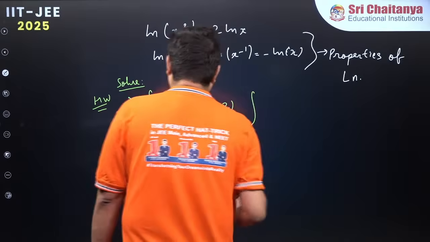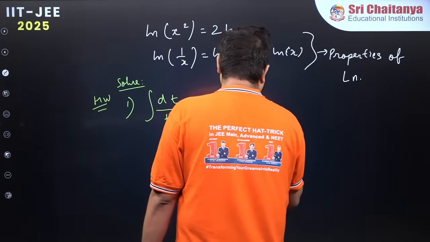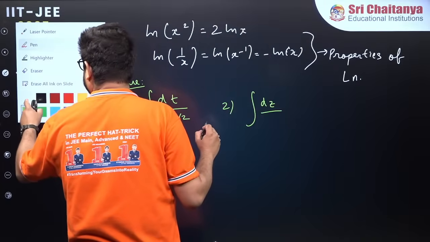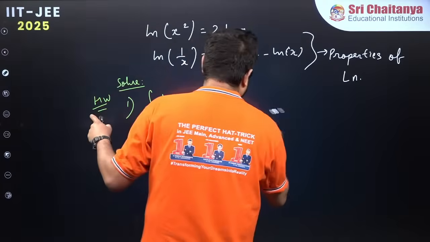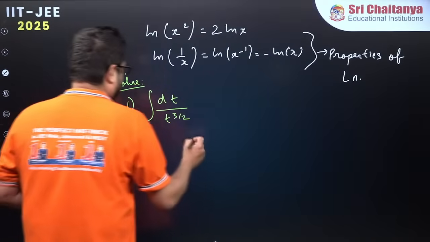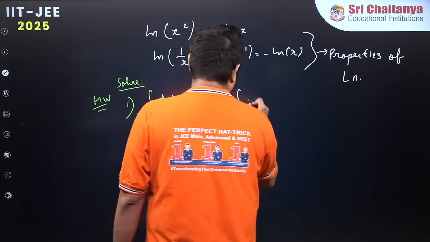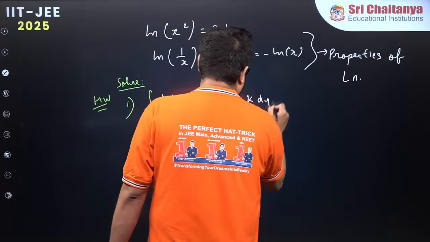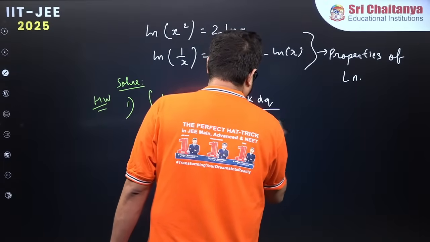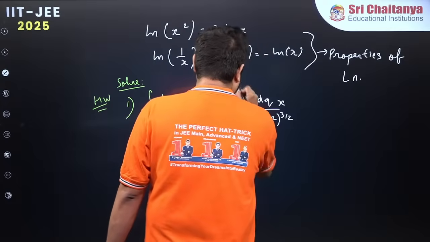Next is going to be dz by, let's say like this, I will write it down. Now I will be asking you one application part. The application part is stated as the integration of k dq by (r square plus x square) to the power of 3 by 2 into x, limits 0 to q.